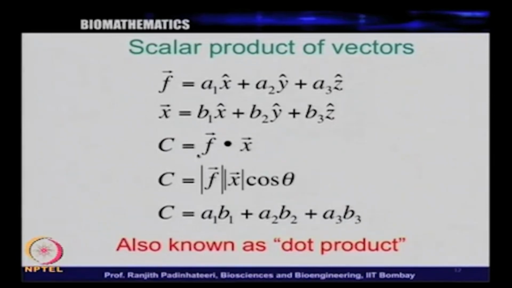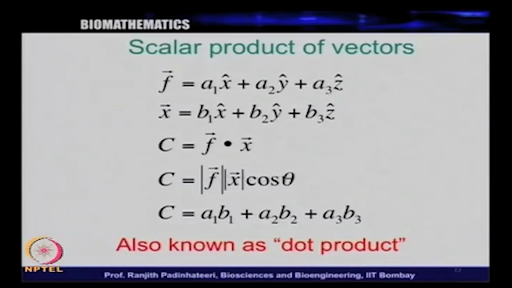This is sometimes also known as the dot product, because it is represented typically by a dot in between, and this is nothing but the magnitude of f times the magnitude of x times the cos of the theta between f and x. You have two vectors, so you can always define an angle between them. So, this is f into x into cos theta. So, this is what it is.